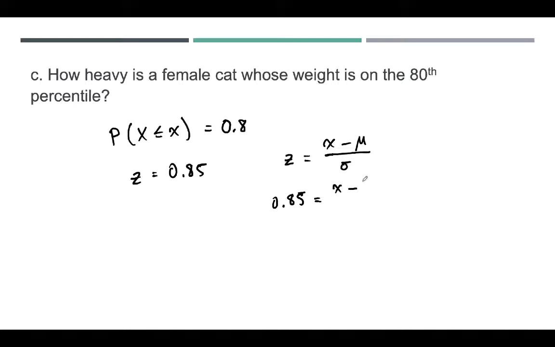We do know the mean, so from before the mean was 4.1. And we do know the standard deviation. The standard deviation is 0.6. So we just have some simple algebra to do. I'm going to multiply that, and add this. That little expression will give us the value of x.